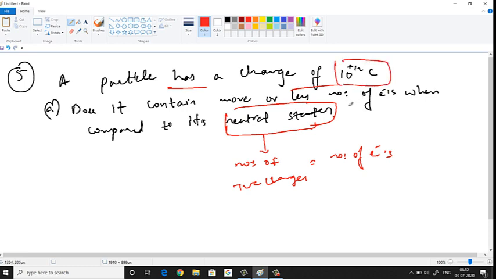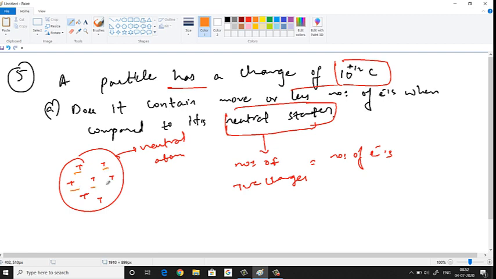That means we have more number of positive charges or negative charges. See, let me just give you one example. Suppose we have a neutral atom. Okay. So we have 1, 2, 3, 4, 5, 6, 7 positive charges. So we have to have 7 electrons also. What is the net charge? 0. Right, now the net charge is 0.